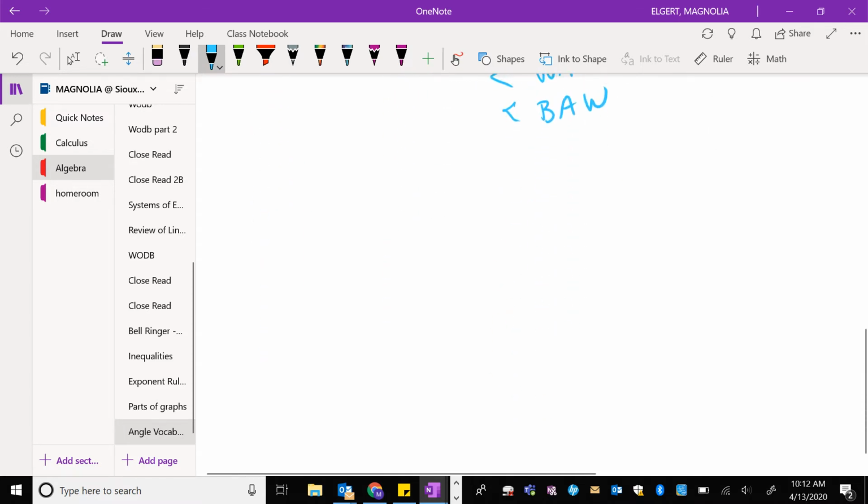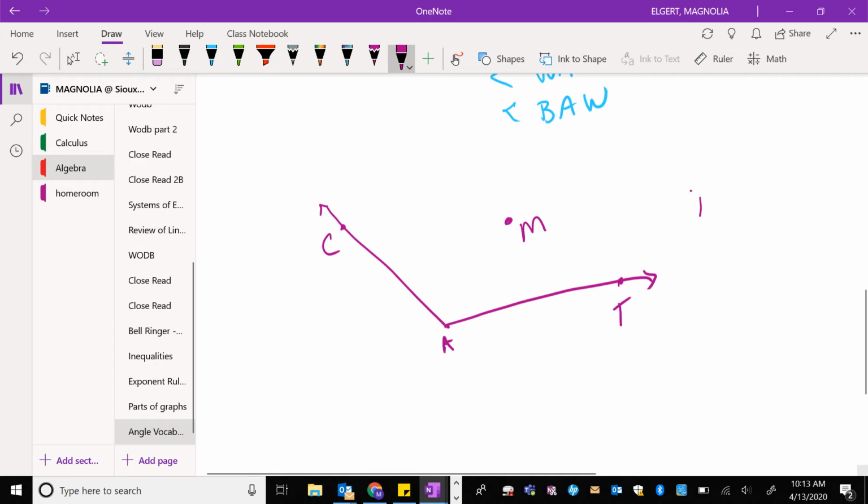Now there's one other thing that you might look at today. So if you have this angle, let's call it CAT, C-A-T. And let's say I put this point right here. I'm going to call it M. And they might ask you, is this in the interior or the exterior of the angle? Interior means inside the angle.